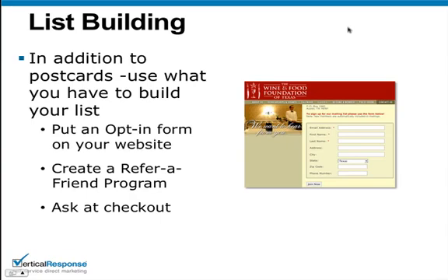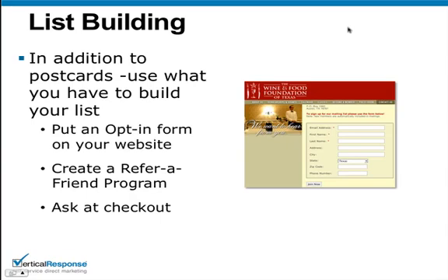So one thing you can do is put an opt-in form on your website. That's a sign-up form, and with any VerticalResponse account, you can create an opt-in form for free using our easy tool. You go through a couple of steps, and all of a sudden you'll be ready to post that on your site.